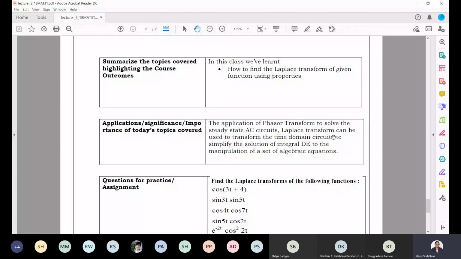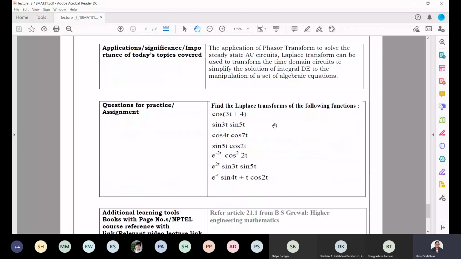Okay, I have given a few questions over here: find the Laplace transform of the following functions. Even this one you can try and write in your assignment. These are all the assignment questions. You can start writing now itself. If you have any doubt, you can ask me.